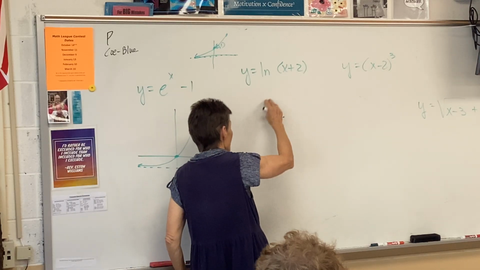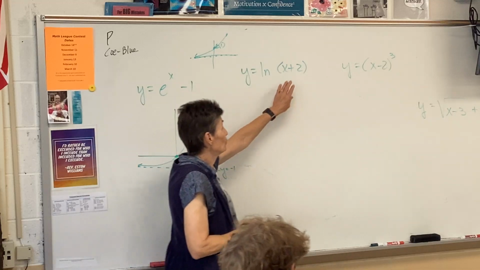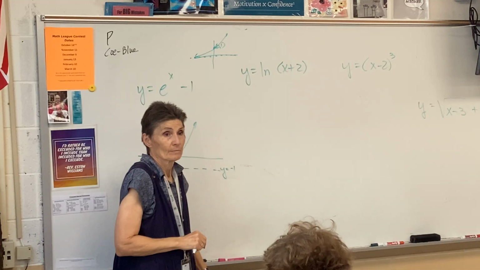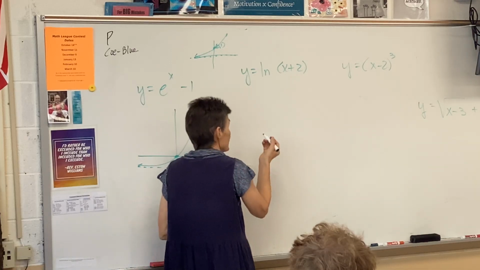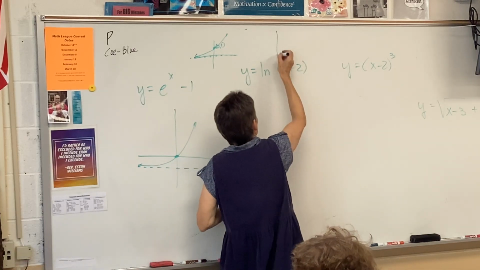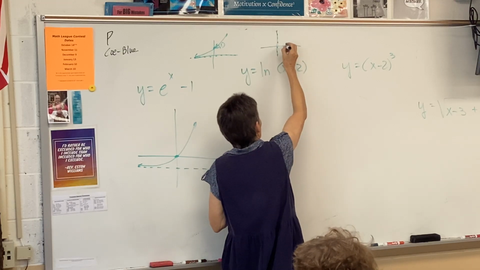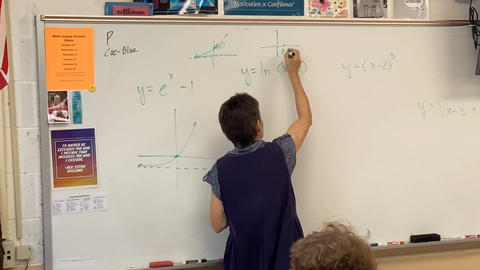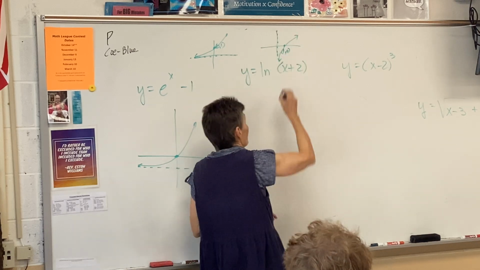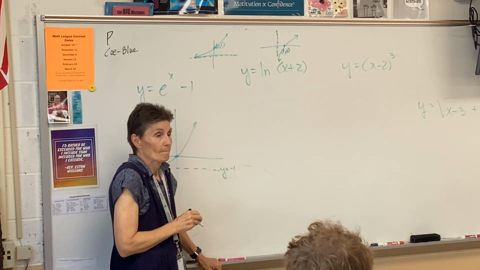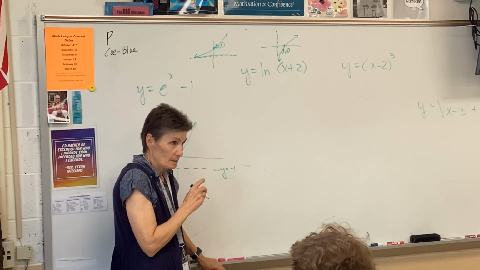Alright, this is a logarithm, a natural logarithm, ln. How has it moved? To the left 2. So I like to have an idea what the original looks like. The original has an asymptote at 0, a point at 1, 0, and it looks like that. I missed my point, but you get the idea. That's the original. Now what are we doing?